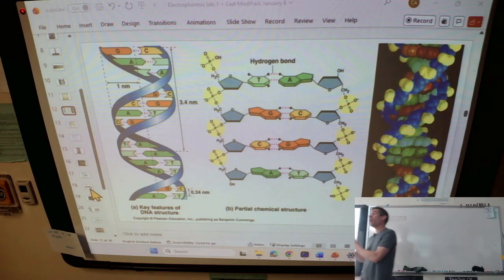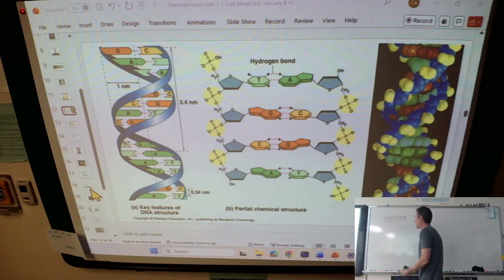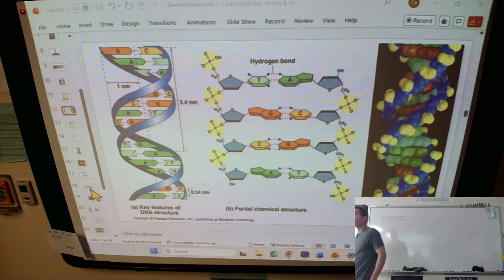If I have really small chunks of DNA, then I might make it more cobwebby. And so what will happen is if I've got a piece of DNA that was cut, what chemicals is it that cuts DNA again? Yeah, restriction enzymes. You might hear it called restriction endonuclease.